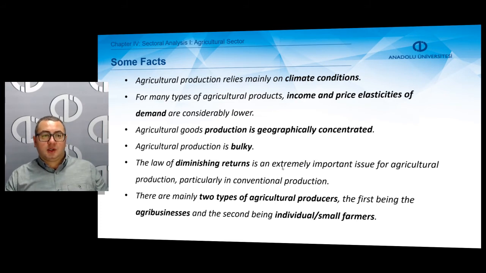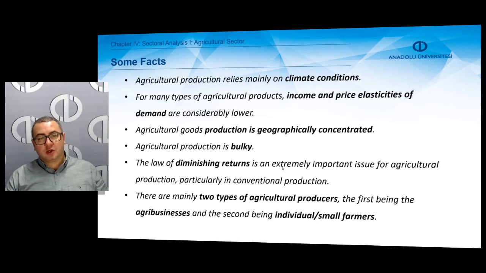Third, agricultural goods production is geographically concentrated. This is true because one needs specific weather conditions for production of a specific agricultural product.